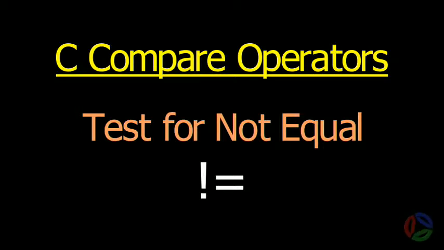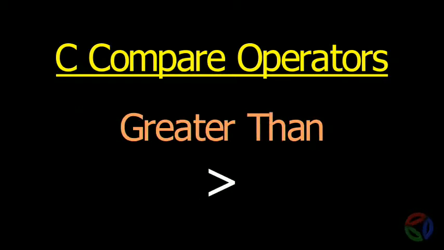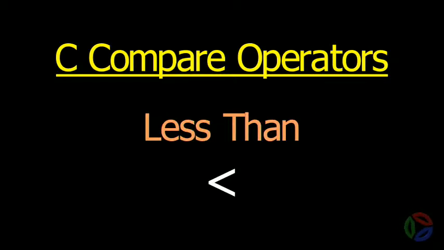the ASCII equals sign. The greater than compare operator returns a 1 if the left operand is greater than the right one. The operator is composed of the ASCII greater than symbol, also called right angle brace. The less than compare operator is the counterpart of the greater than symbol. It returns a 1 if the left operand is less than the right operand.